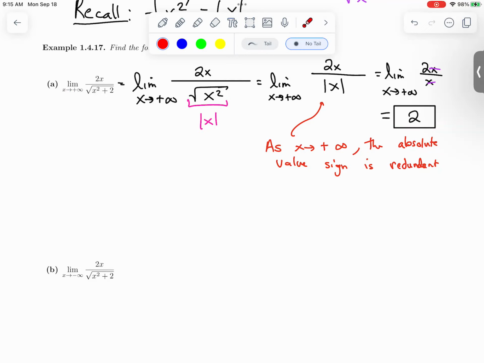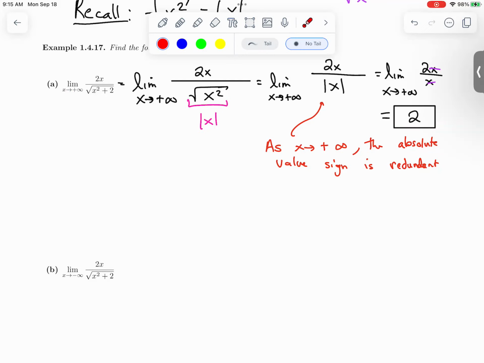Yes. At the very end, we're using the constant rule, because when the 2's cancel out, the x's cancel out, all we're left with is the limit as x approaches infinity of 2, which is going to be 2. And you can also understand that visually. You guys don't need to write this, but just to show you, if you're looking at the limit as x approaches positive infinity of 2, remember, this can be thought of as a function, f of x equals 2.